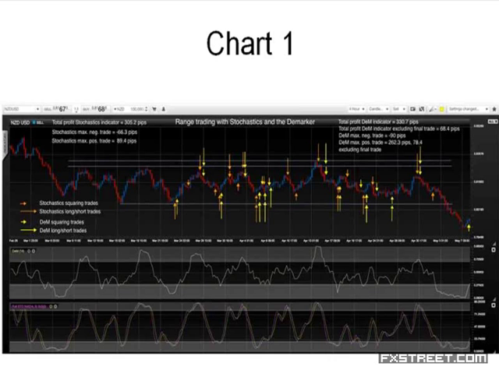Cool. So you've all got those slides. I know unfortunately they might have been a little bit small, but you can maximise them on your screens and have a good look at it. It's a great example, probably the best I could see all year actually. It hasn't been the best year for range trading, but it's definitely good to know the tools and how to use them during ranges, because it's amazing how much money you'll make.